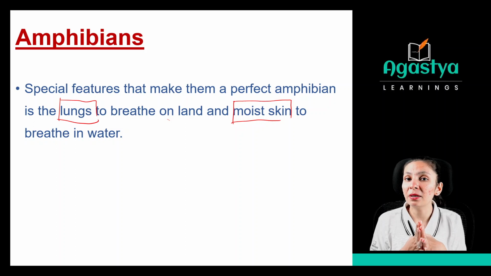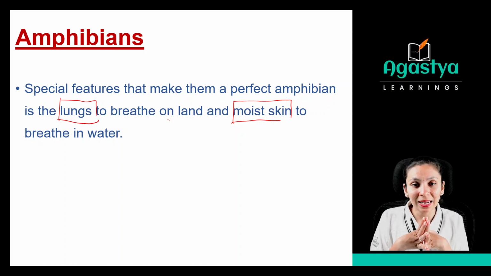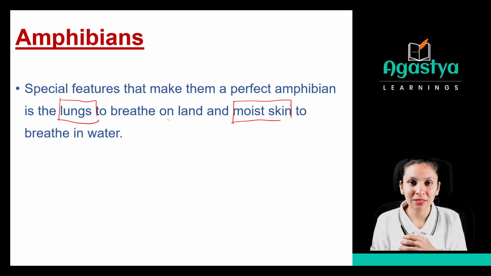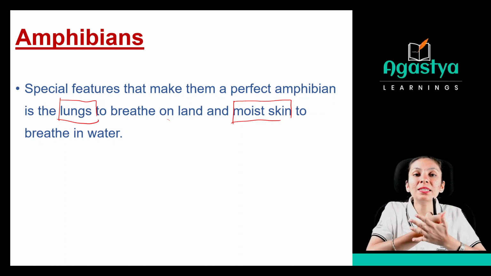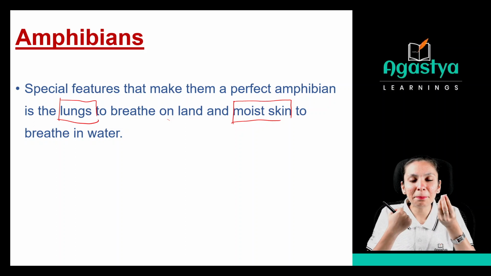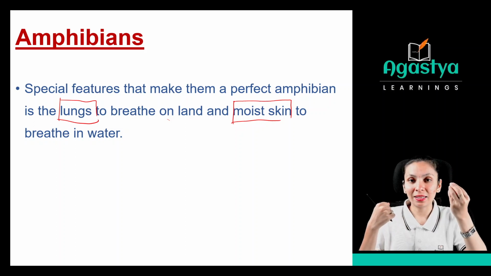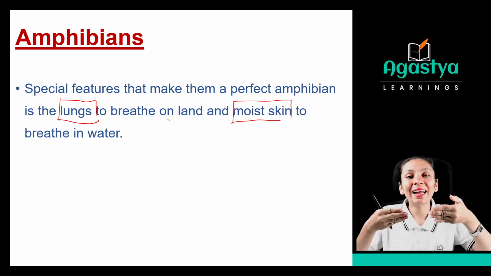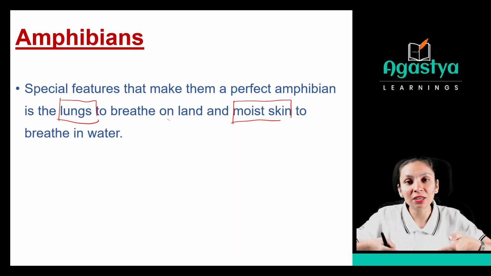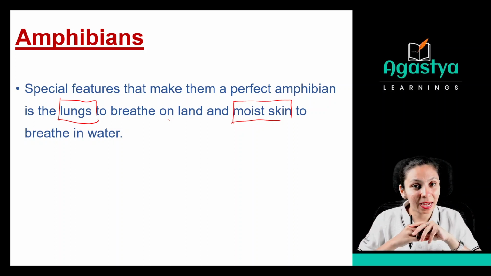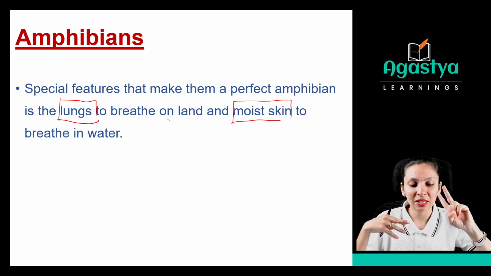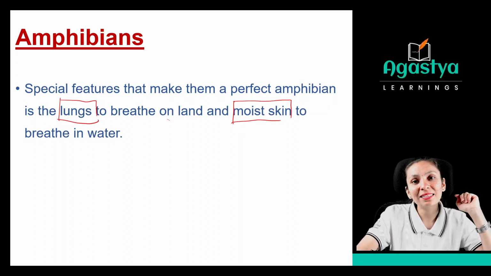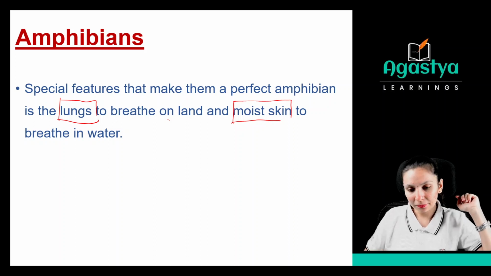They cannot wear that oxygen mask, so how will they survive? Based on their moist skin. That will be something slippery, or you can say wet, so that they can easily get dissolved oxygen from the water itself. So they have two special adaptation features, lungs as well as moist skin.